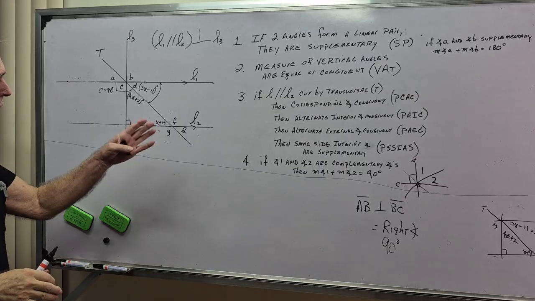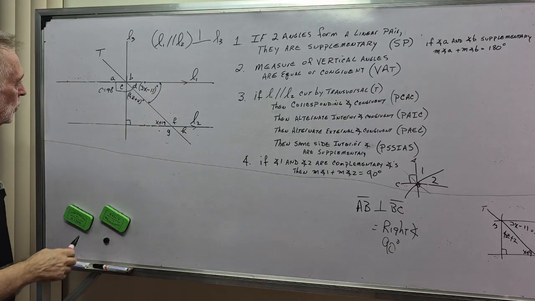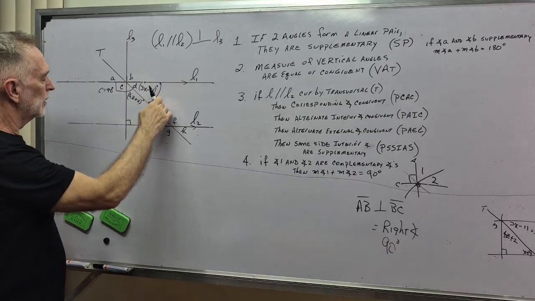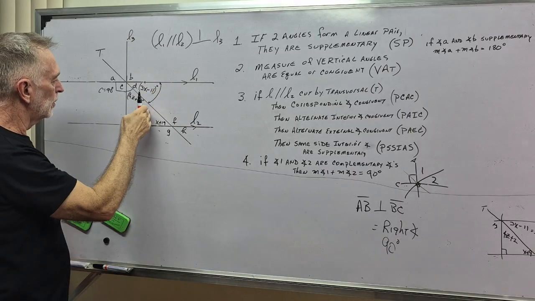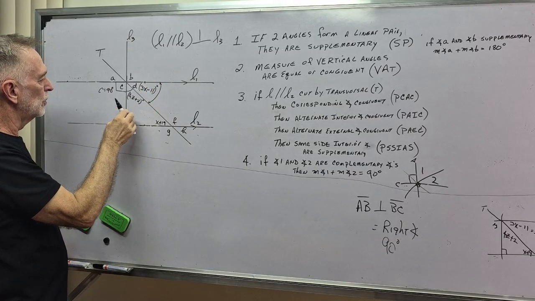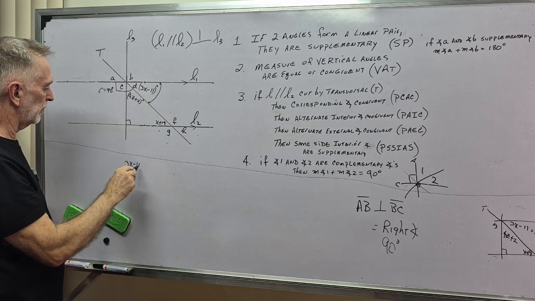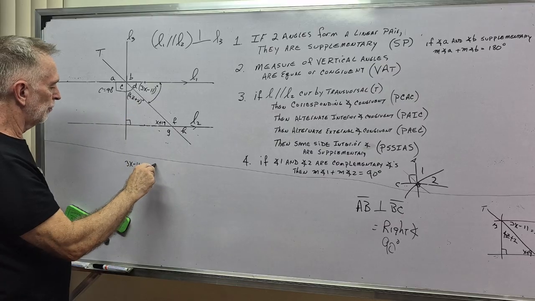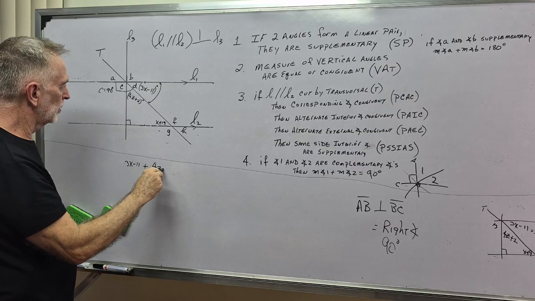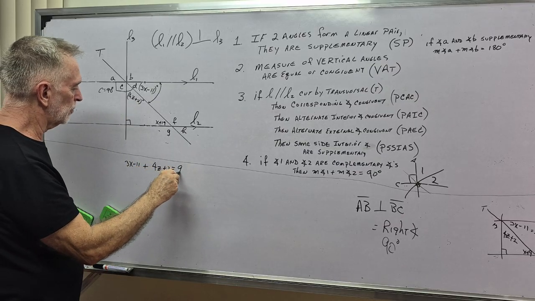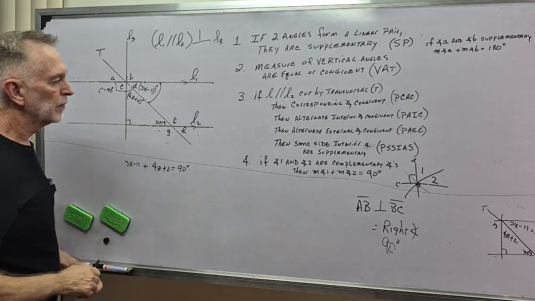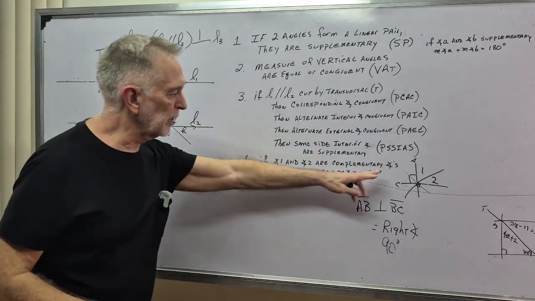What else do we know by using our rules? This is an acute angle. This is an acute angle. So I have 3x minus 11 plus 4z plus 2, that equals 90 degrees because they're complementary angles.